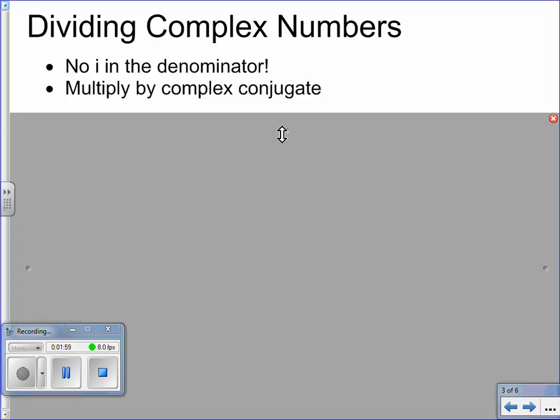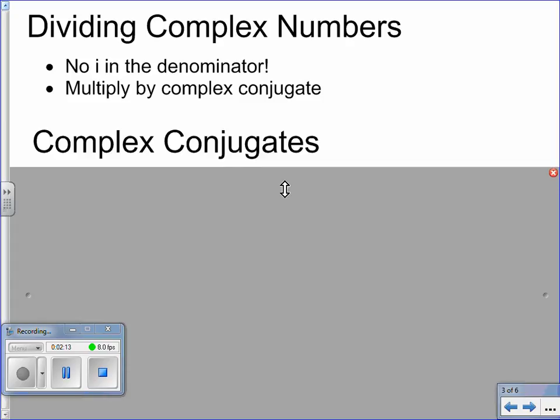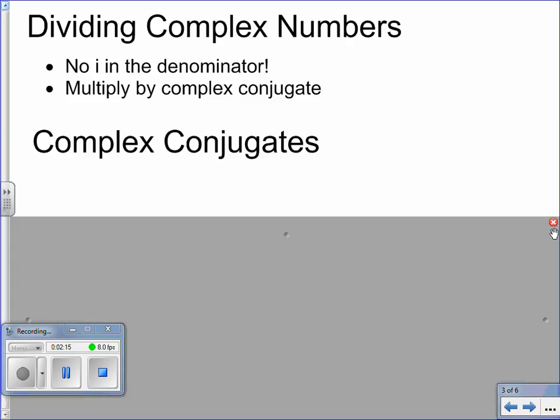Again, the strangest part about division of complex numbers is that you don't really divide. In fact, all you do for division is multiply. So let's talk about complex conjugates.